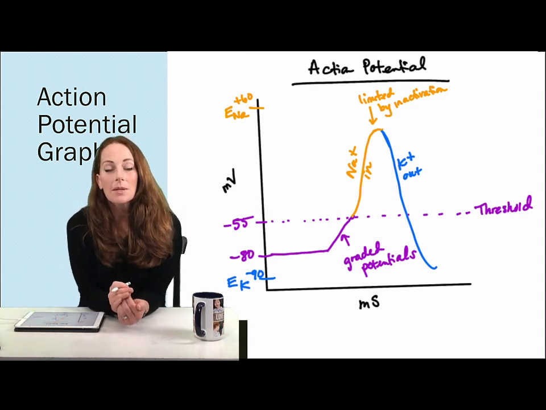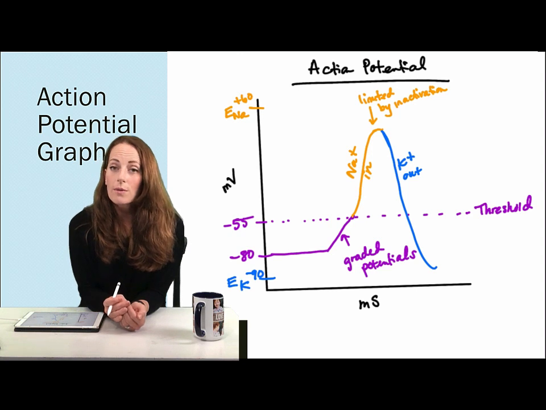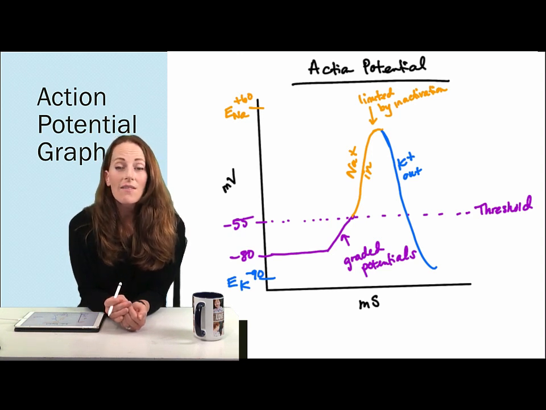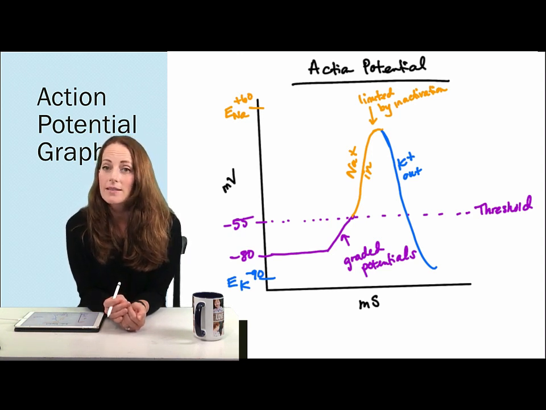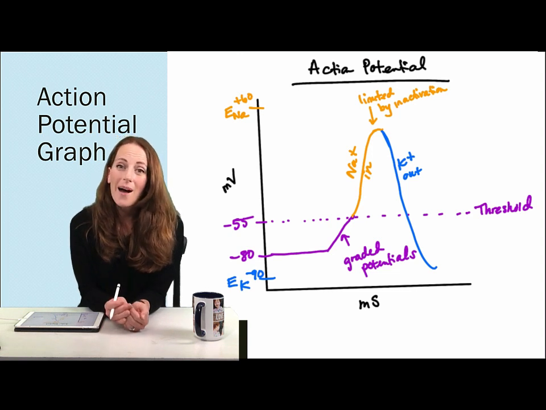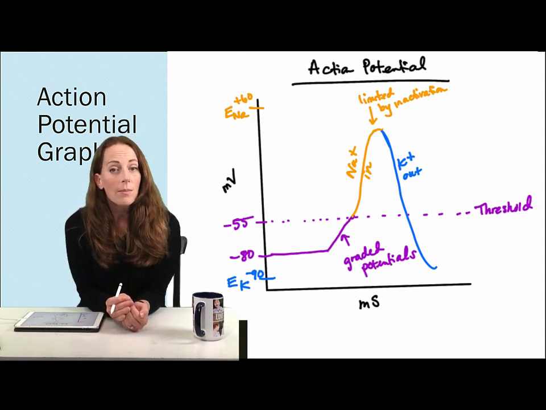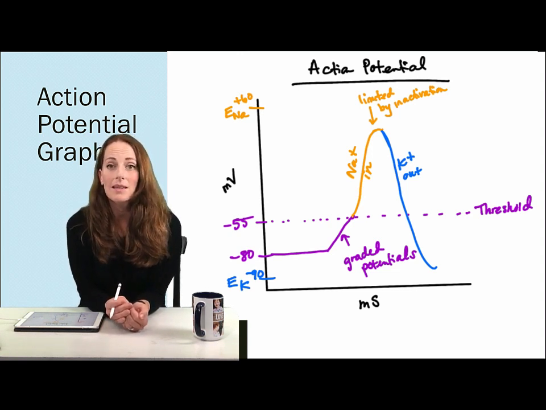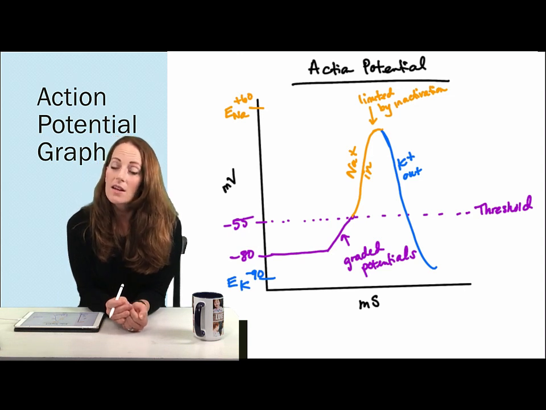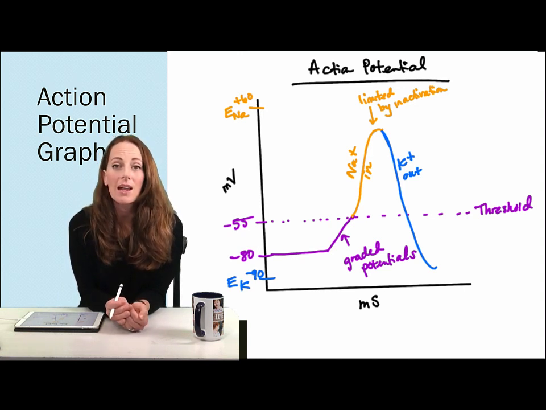When potassium leaves the cell, that's going to repolarize and eventually hyperpolarize the membrane potential. Why? Because the equilibrium potential for potassium is negative based on its electrochemical gradient.